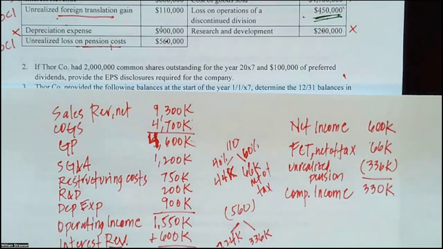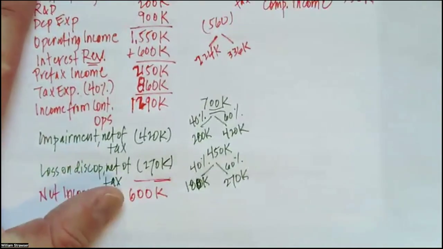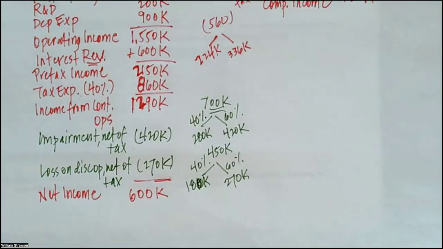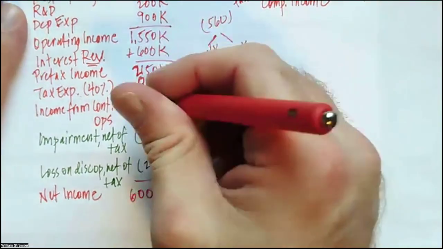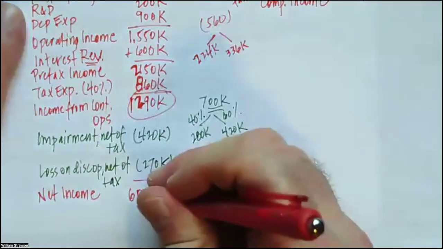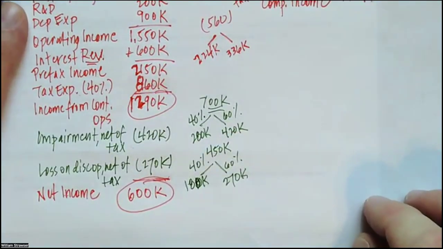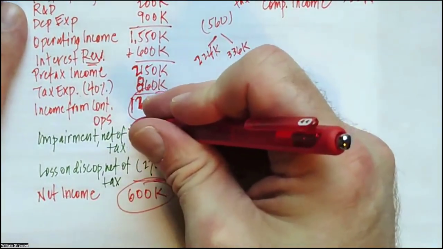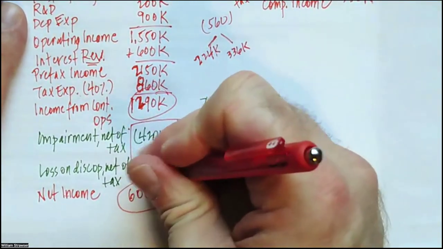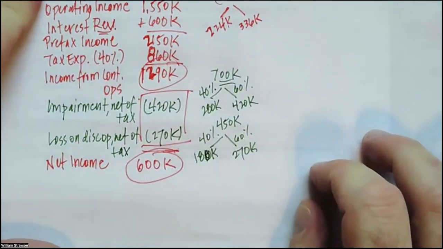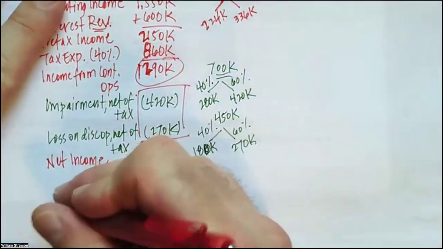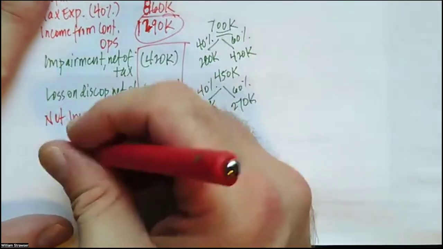So we're going to need to provide three EPS disclosures, and we provide three because we have a discontinued operation. We want to take net income as one of our subtotals, and the third EPS figure will be the effect of the discontinued operations. So our first EPS is all about the continuing operations.